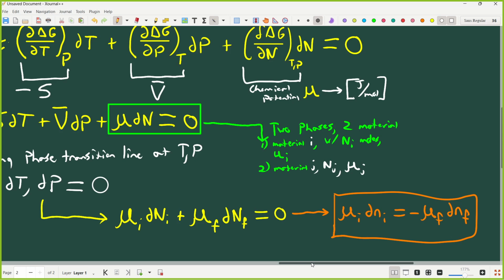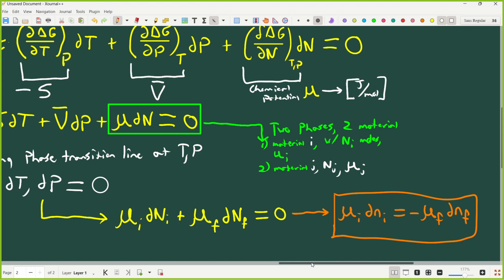The idea is that the liquid and the gas have different costs to removing molecules from them. The gas, for instance, it might be easier to pluck a few molecules out of the gas to put it in the liquid than it is the other way around. So the chemical potentials tell you what that cost is.